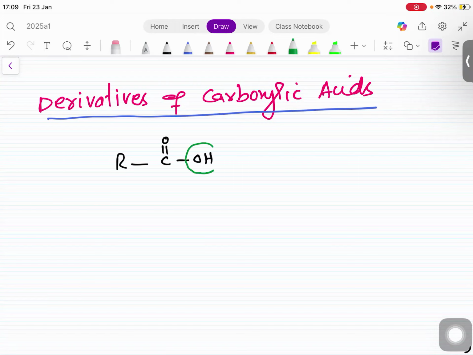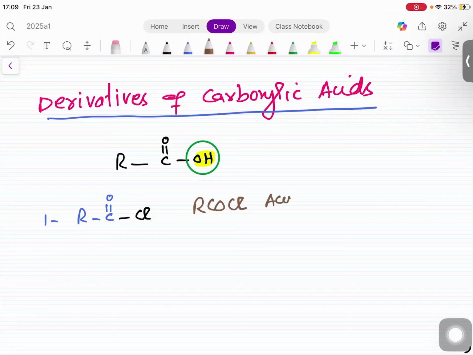Now, if I remove this OH, for the sake of argument, and replace it with any other atom other than carbon, for example, it is RCO and I put Cl here, then it obviously becomes another functional group, RCOCl, which is named acyl chloride, but we categorize it as a derivative of carboxylic acid. Okay, we just categorize it as a derivative. Are you getting this?